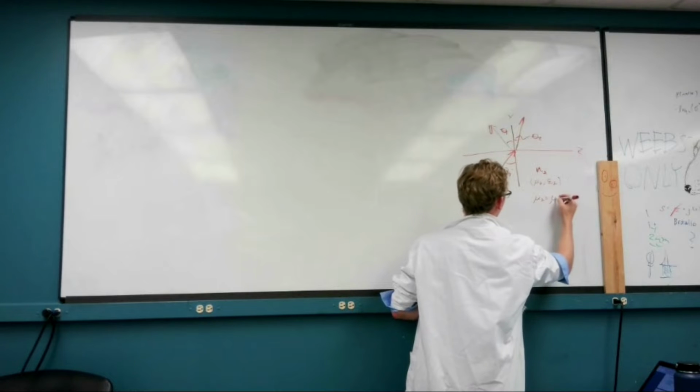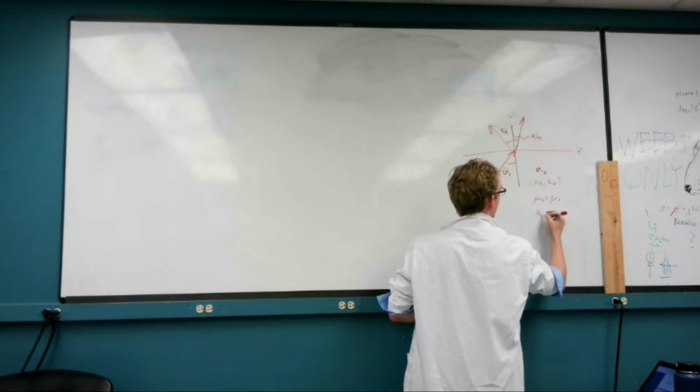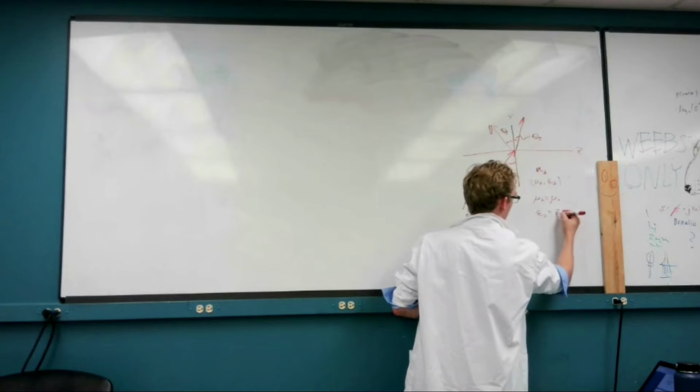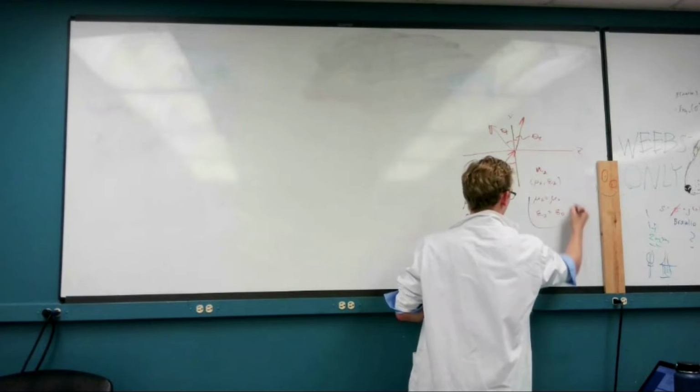Mu2 equals mu naught as well. So both materials are non-magnetic. Epsilon 2 is equal to epsilon naught. Good. We'll want to remember these.